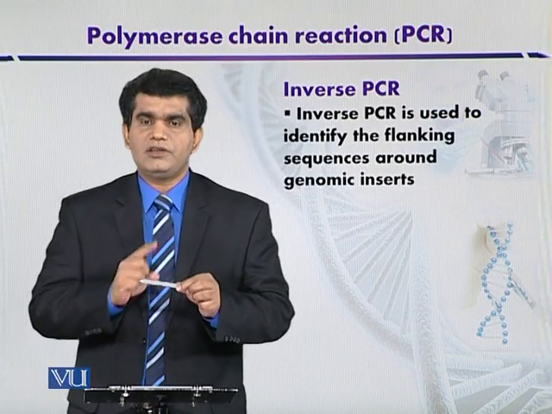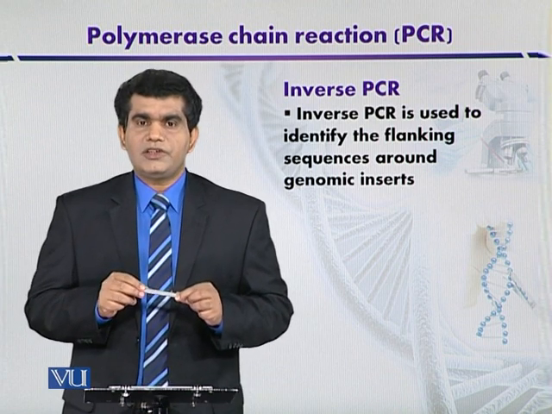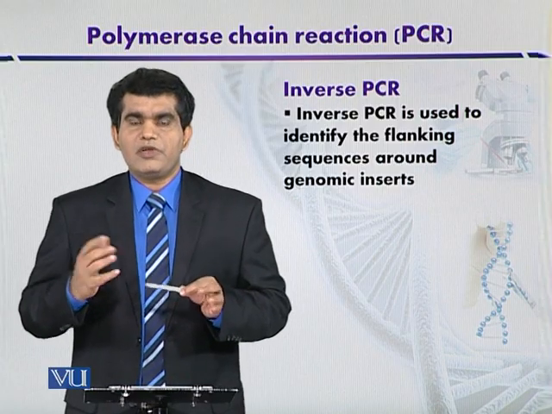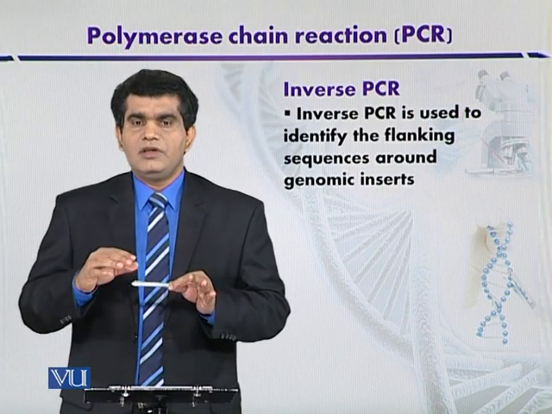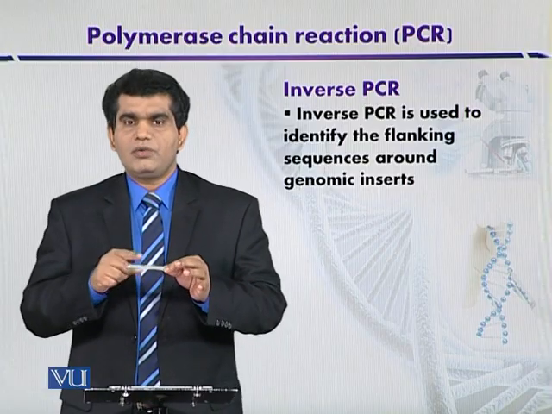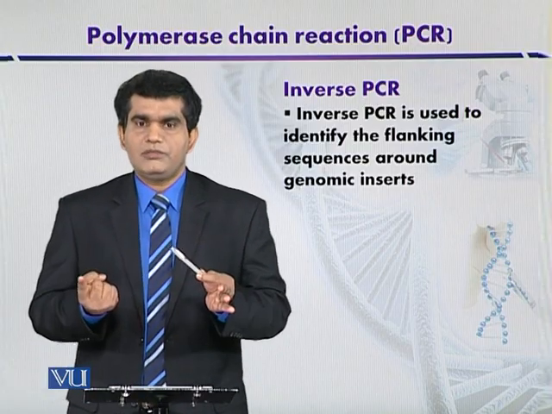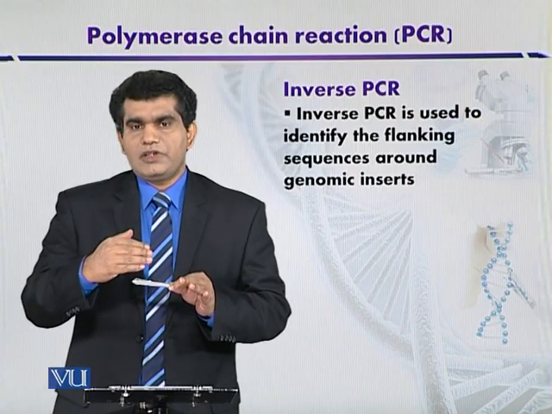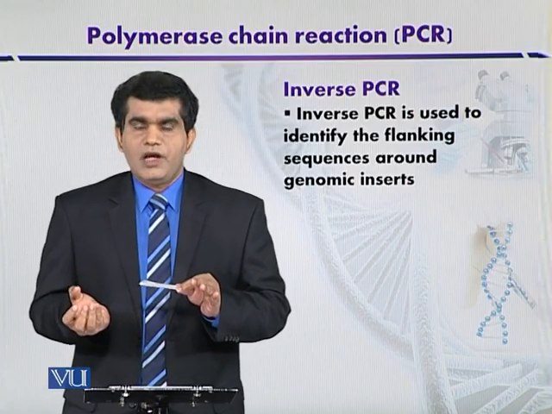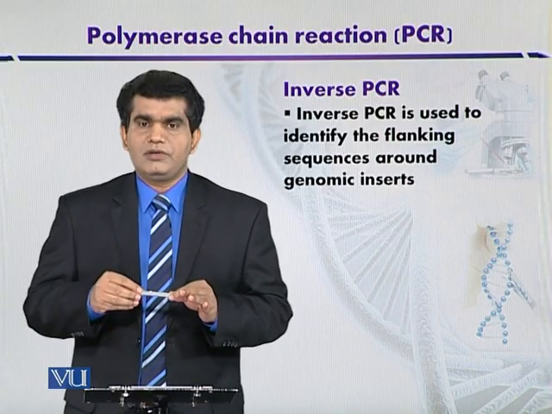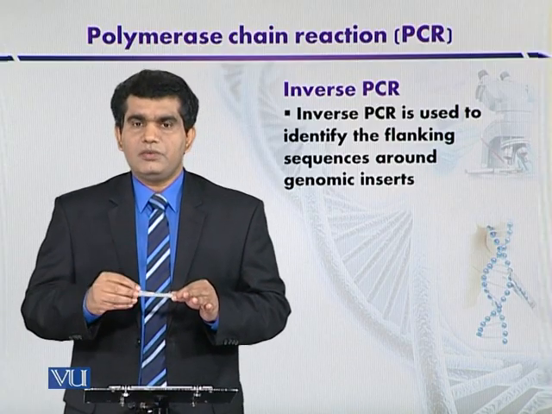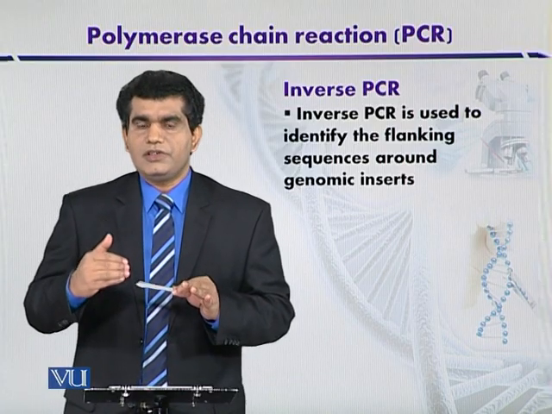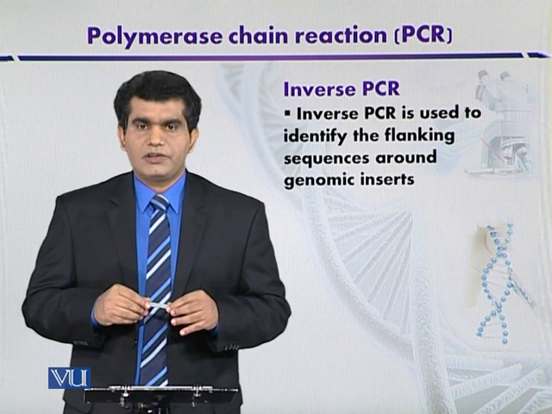We can digest it with the second restriction enzyme so that the cut is within the known sequence whose primer we can design. And after circularization, again it is converted into linear form because of the second digestion, and by using the known sequence we can develop the primers, and those primers can be further used to amplify our unknown region that may be of our interest.